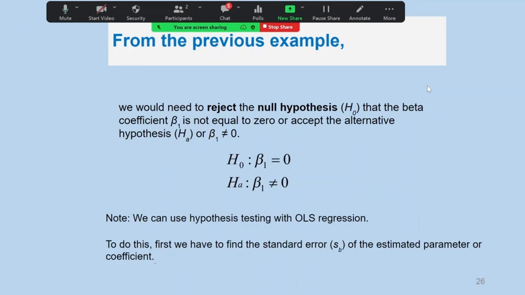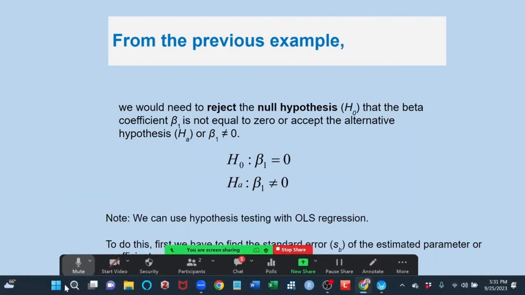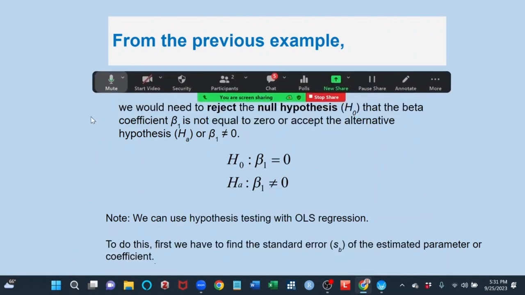From the previous example, this is where we get more into the null. We could reject the null hypothesis, that the beta coefficient B1 is equal to 0, or accept the alternative hypothesis, that beta 1 is not equal to 0.